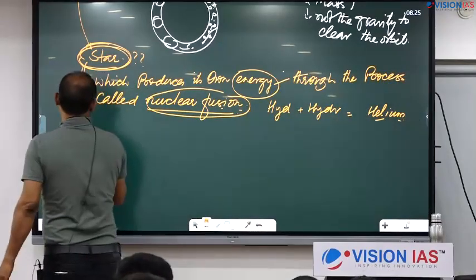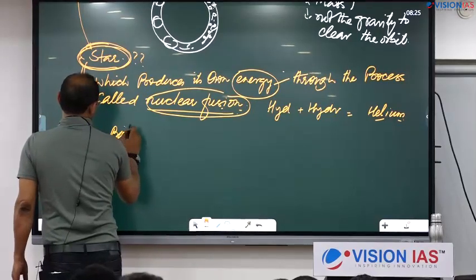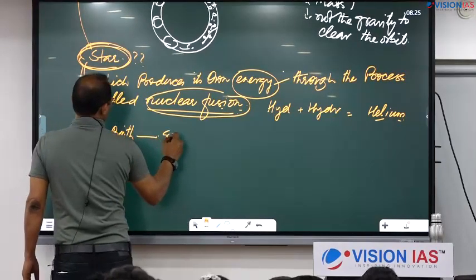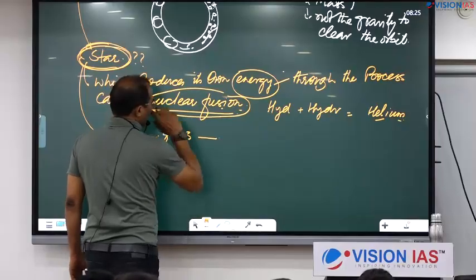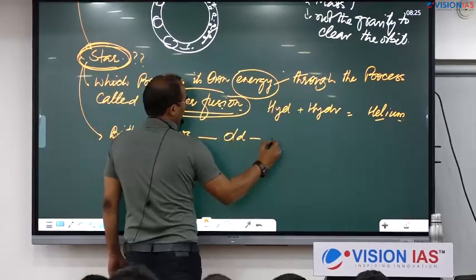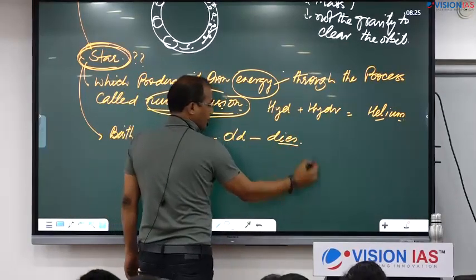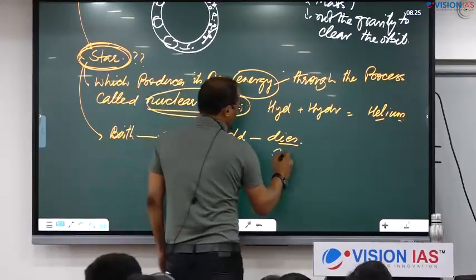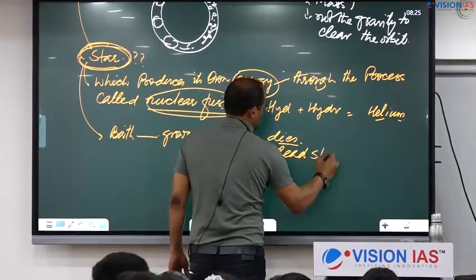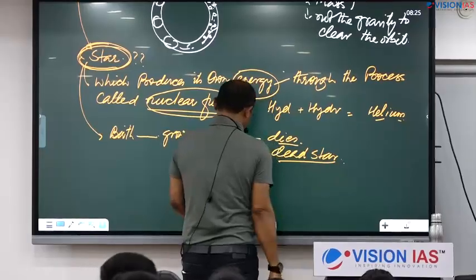Every star has its own birth, grows, becomes old, and then dies. And that's what you call a dead star.